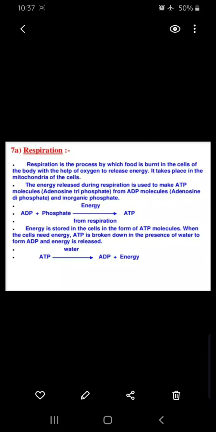The energy released during respiration is used to make ATP molecules, that is adenosine triphosphate molecule, from adenosine diphosphate molecule and inorganic phosphate. Energy is stored in the cells in the form of ATP molecules. When the cells need energy, ATP is broken down in the presence of water to form ADP and energy is released.